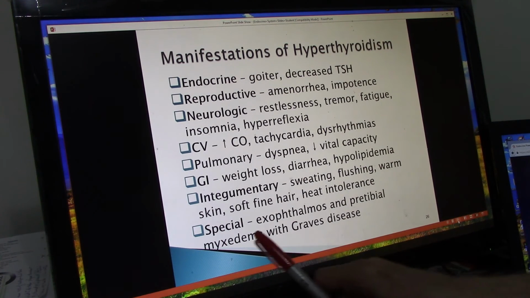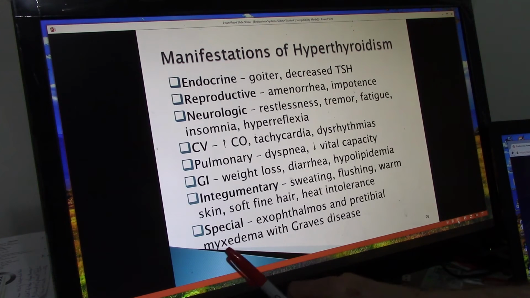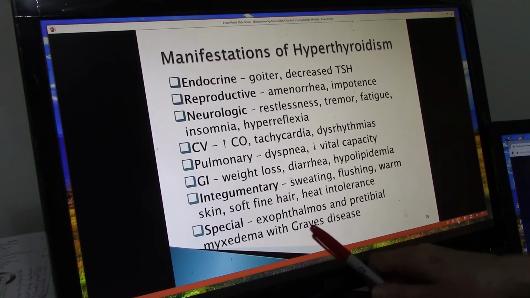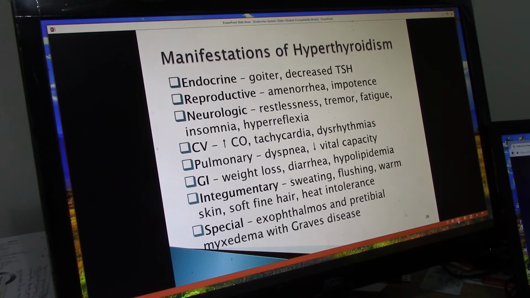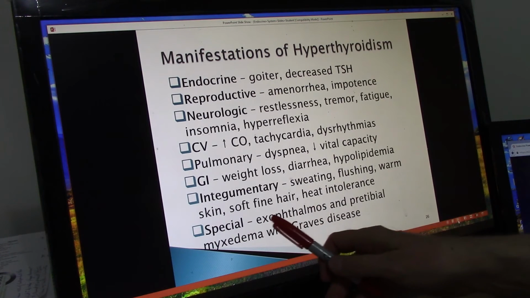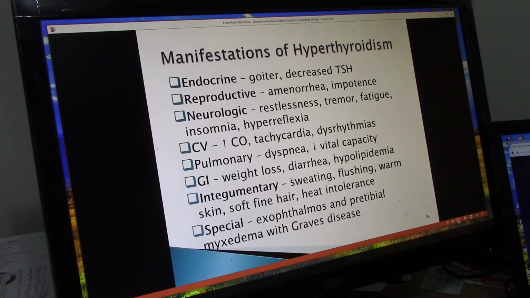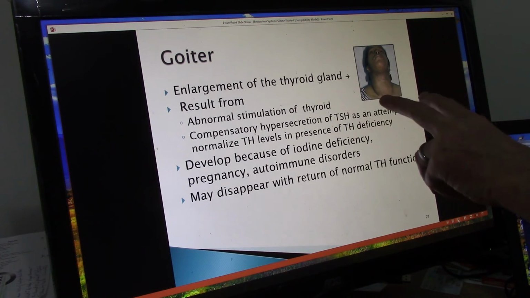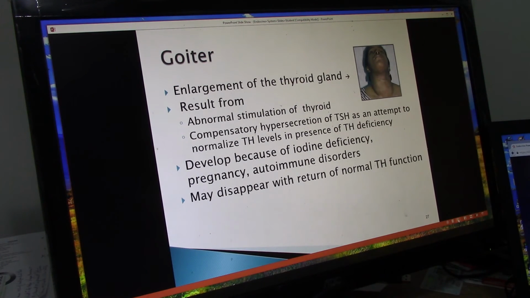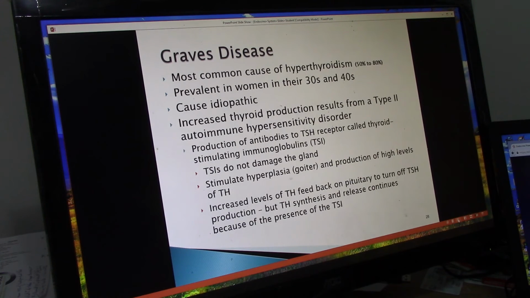Now, very importantly, you might get something called myxedema in the case of Graves' disease in the pretibial area, in the leg. And the exophthalmos, which is the bulging eyes. Again, very, very key giveaway in Graves' disease. Okay, goiter, there's a picture of your goiter. Graves' disease is the number one cause of hyperthyroidism, more prominent in ladies.